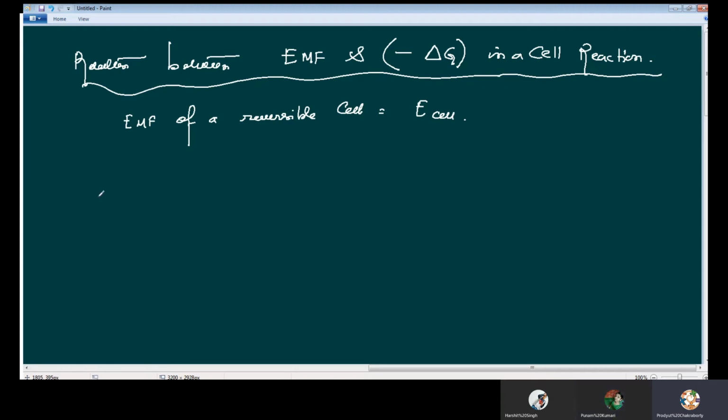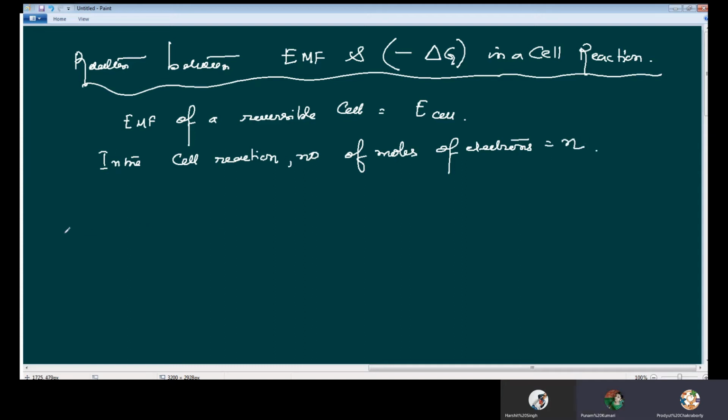And the number of moles of electrons in the cell reaction, that we are taking as n. So n moles of electrons will be flowing through the wire connecting the anode and the cathode.